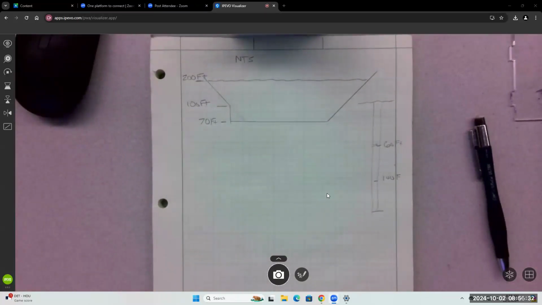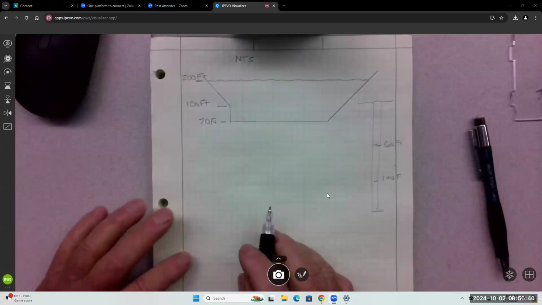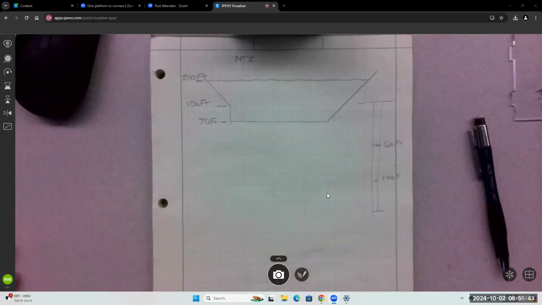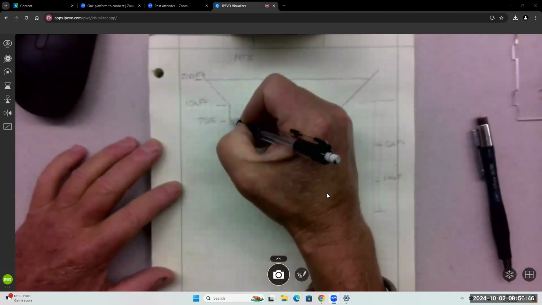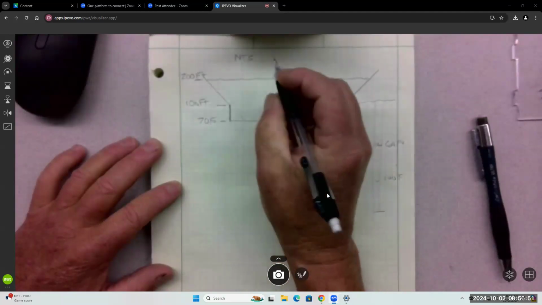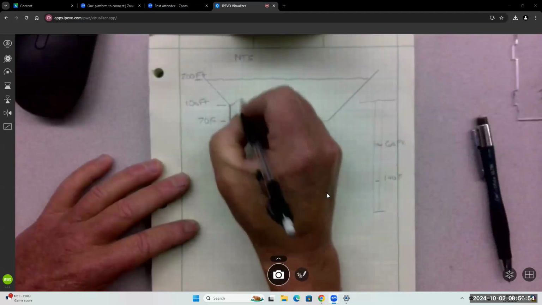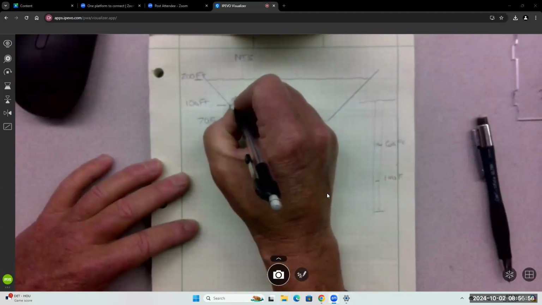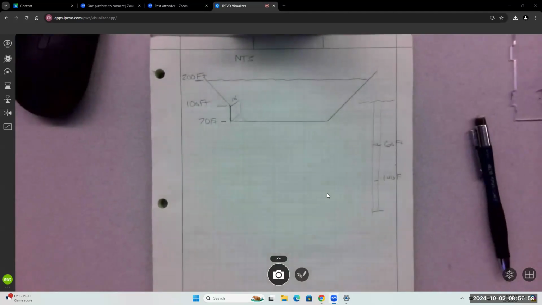So again, elevation coming from sea level, so this is up on a hill above sea level. There's a plate, a metal plate right here that is 10 feet deep, so 10 feet in depth away from us. So that gives us the area of the plate. And we want to know what's the hydrostatic force on it.